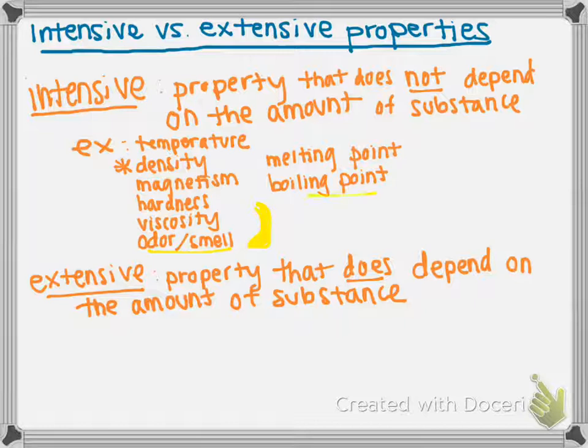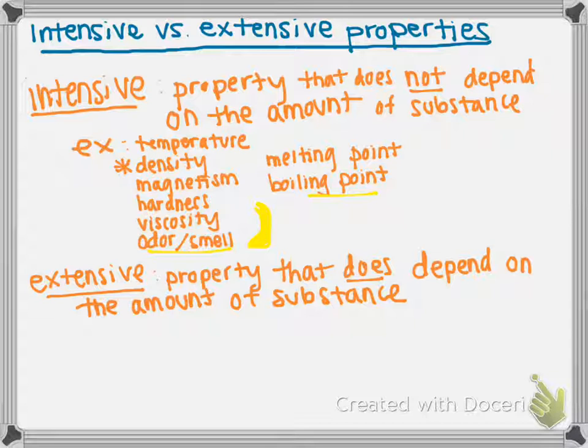Also, let's look at boiling point. For example, water is always going to boil at 100 degrees Celsius. If you have a little bit of water or you have a lot, it has to reach 100 degrees before it boils. The time it takes to get it to boil may vary, but we are looking at the boiling point, so the temperature at which it boils is an intensive property. It does not depend on the amount of substance that you have.